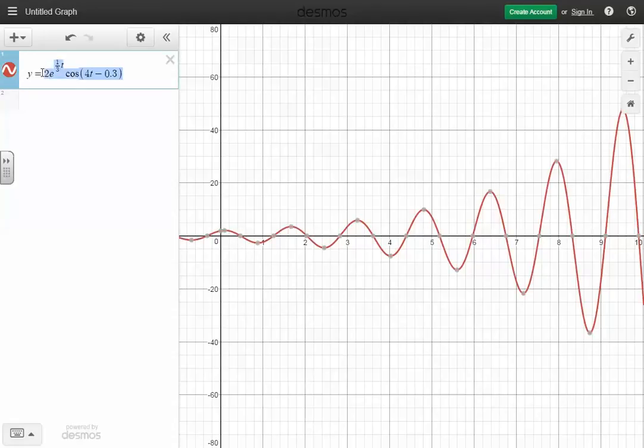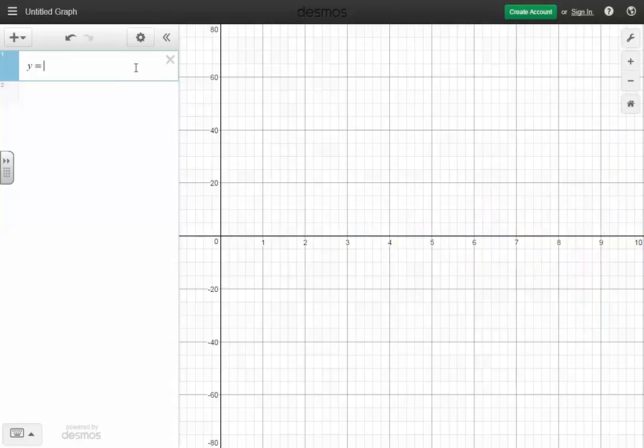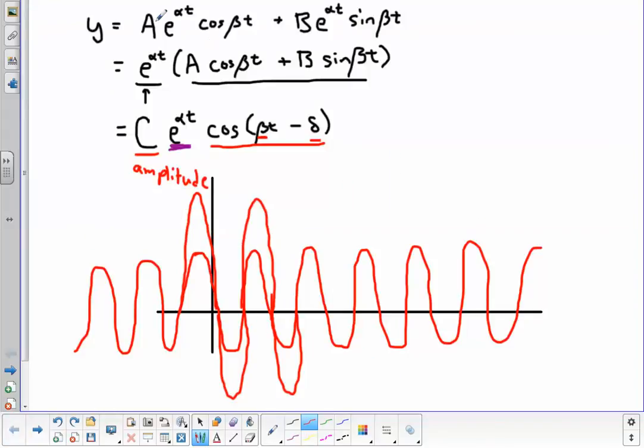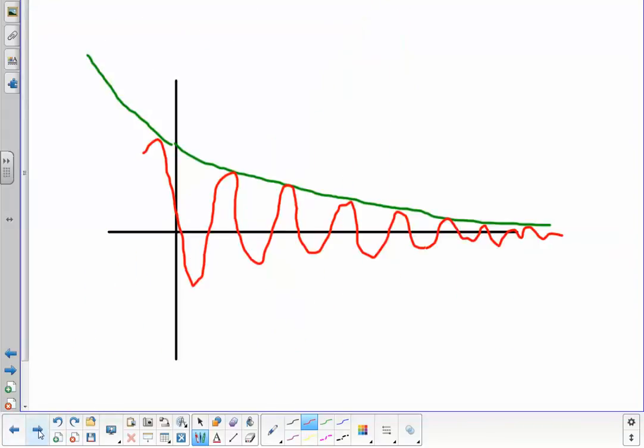And maybe just to prove the point that the change to the single cosine was correct, let me put in a formula that looks more like our original form. Okay.